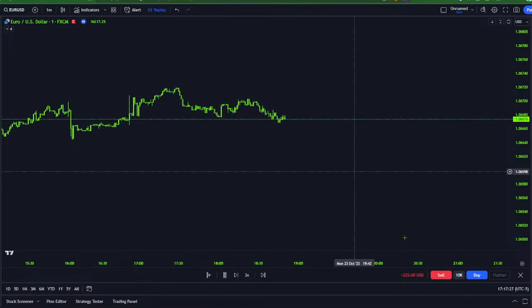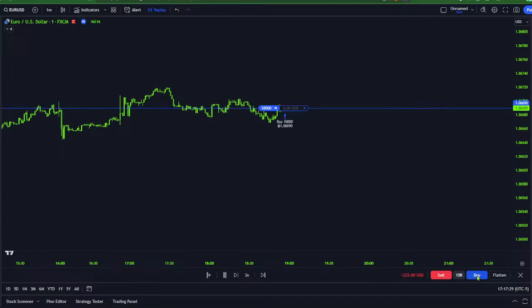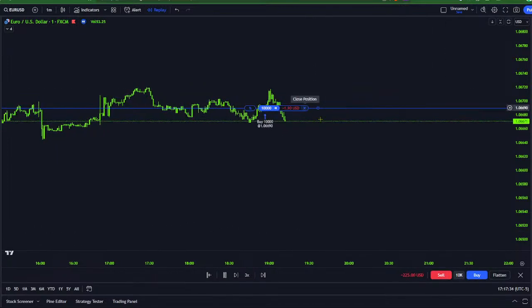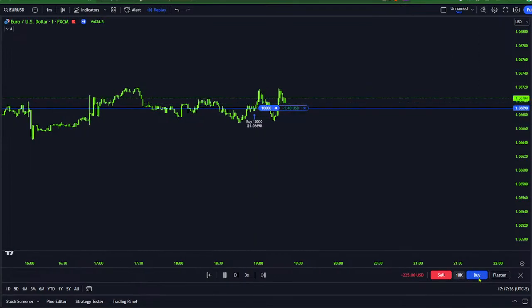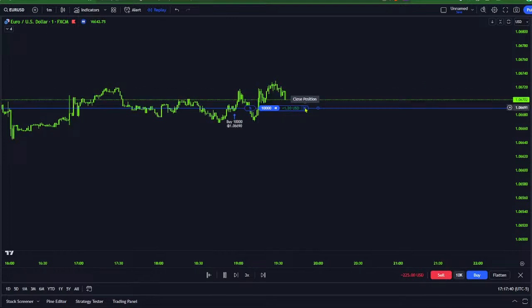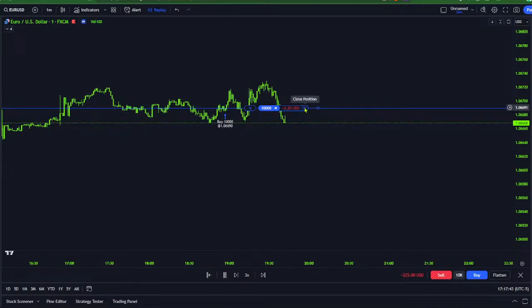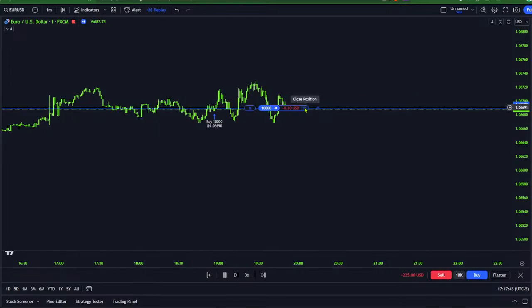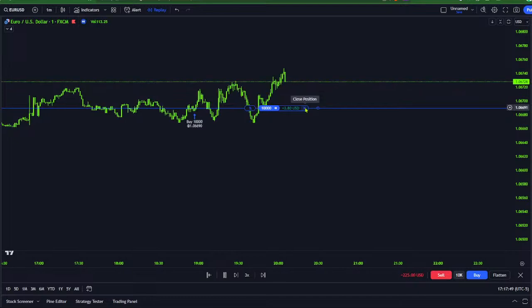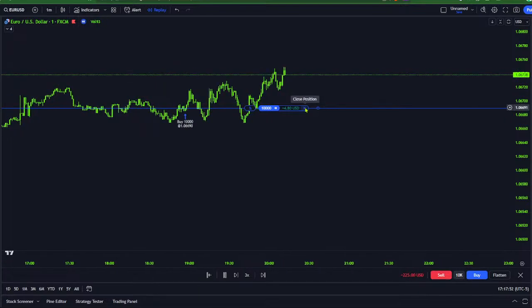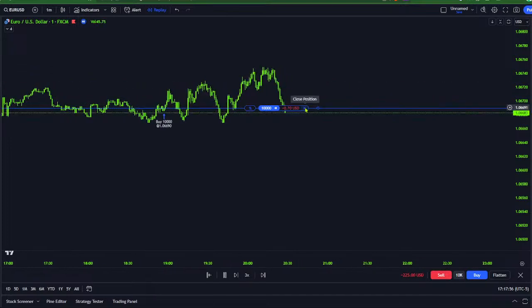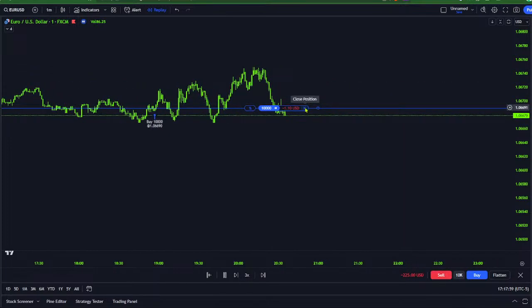So I'm probably gonna go with a buy, see what happens, and we'll hold it, and oof, man, it wants to go up. Price wants to continue going up.